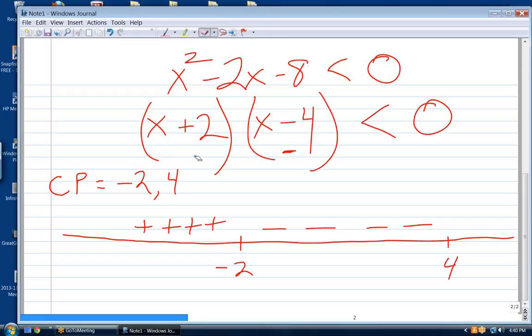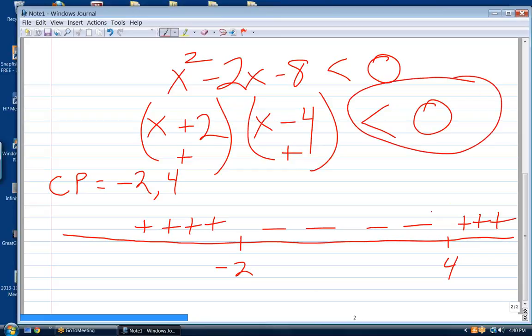Now the third and last point we need to check is to the right of 4. If we choose 5, this is positive, this is positive, positive times positive is positive. So that's what our line chart looks like. Okay, now, what's the solution? Since we need it to be less than 0, we're looking for everywhere that it's negative.